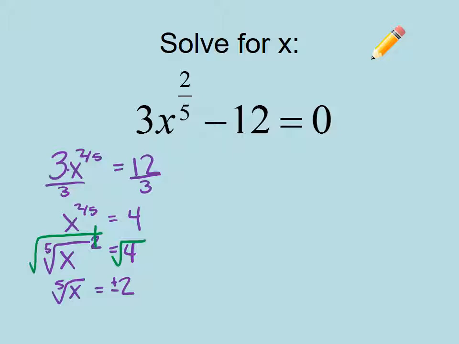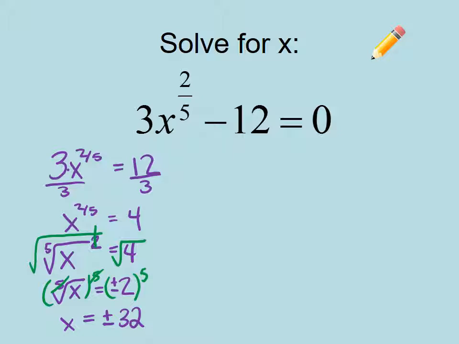The opposite of the fifth root is to take it to the fifth power. If I take both sides to the fifth power, I have x equals positive and negative 32. Negative 2 to the fifth stays negative, so we keep that sign. That's what we're most familiar with.